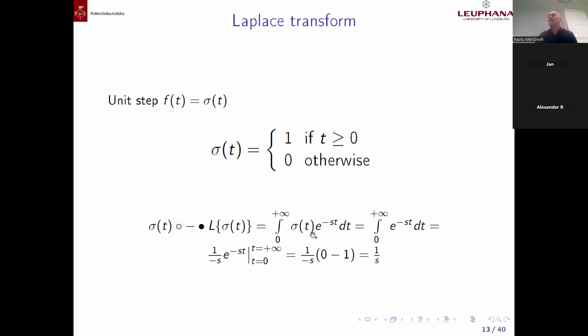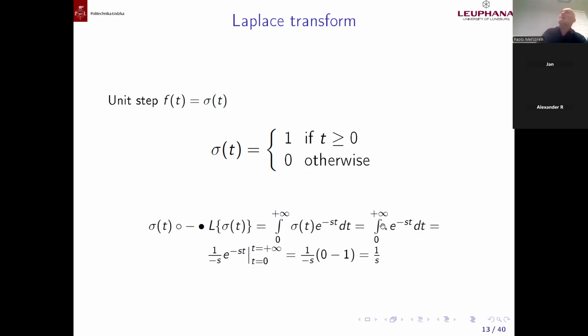Now, in our case, f of t is sigma of t. This means it is extremely easy from math: basically the integral of exponential up to minus st. Why that? Because sigma of t, in the domain of the integration 0 plus to infinity, is 1.